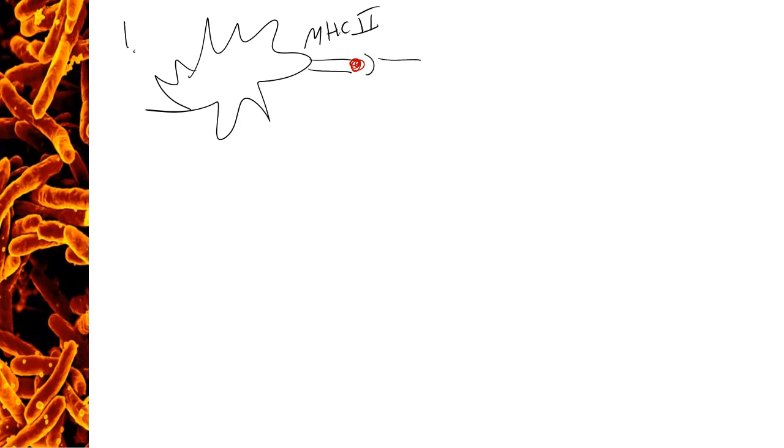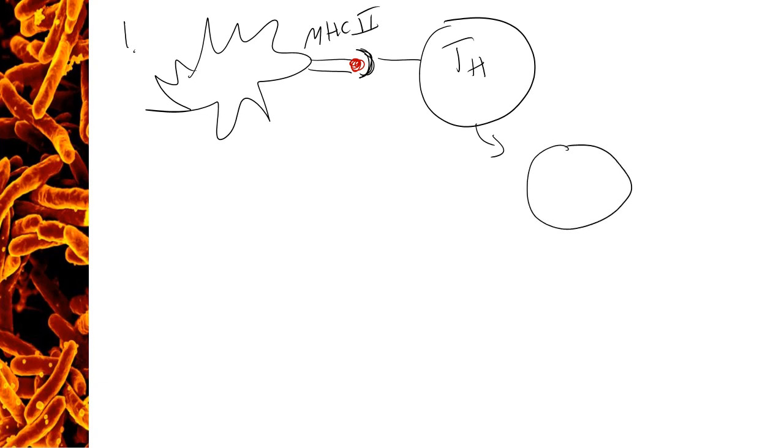It's going to present it to the one helper T cell whose receptor was able to match it. And that's going to then have this helper T cell, in this case, differentiate into a Th2 cell. And in doing so, it's going to go through clonal expansion.